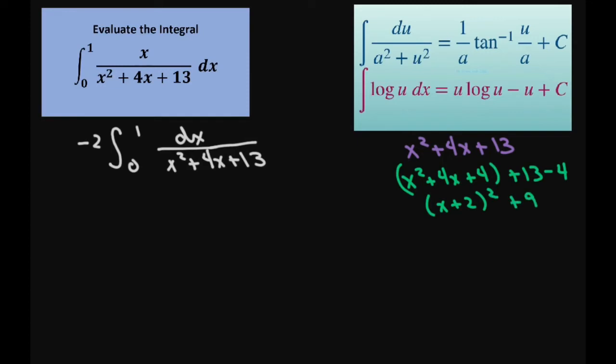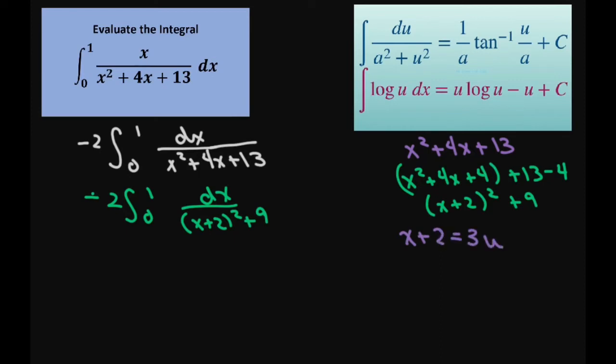So I'm going to write this as -2 times the integral from 0 to 1 of dx divided by x plus 2 squared plus 9. Now, I'm going to let x plus 2 equal 3u. Therefore, dx equals 3 du.